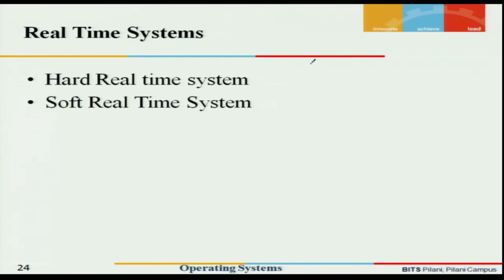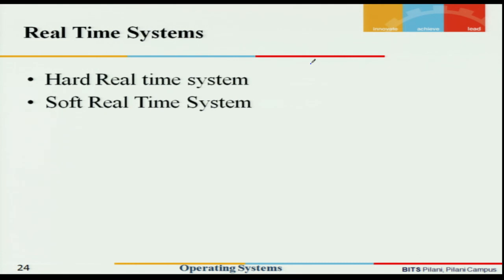We know that we have a streaming server which is streaming a video, and 23 frames per second delivery is required from the streaming server. So 23 frames in a second are required to be delivered to the user for proper viewing of the video.